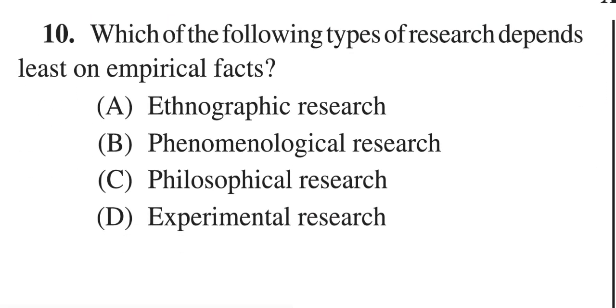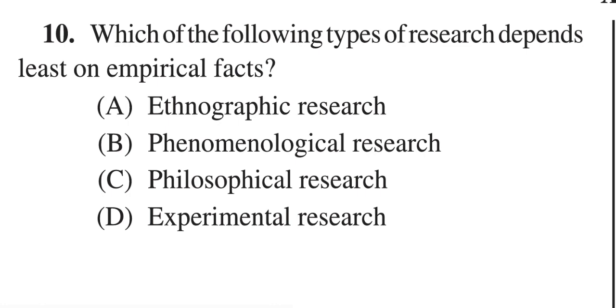Number 10, it says, which of the following types of research depends least on empirical facts? Ethnographic research, phenomenological research, philosophical research, experimental research. These are all the research types that have been given in the options. These are important for you.